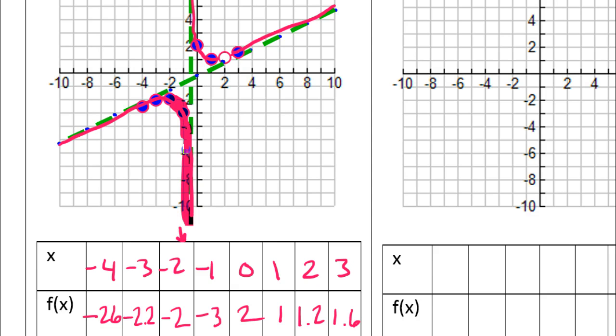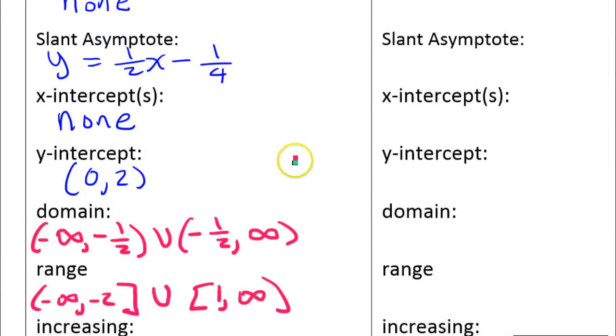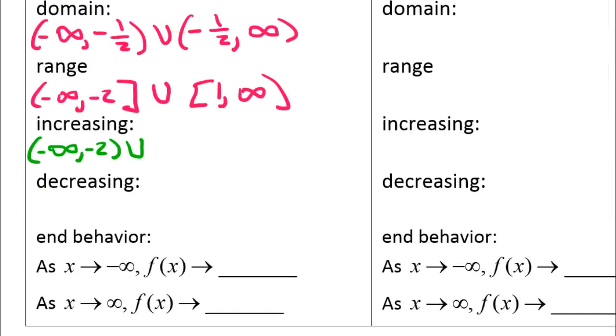And there's a vertical asymptote. It stops here at -1/2. So the x values go from here to here. It's a tiny little portion of the x-axis where this is decreasing, and that is from -2 to -1/2. From -2 until the asymptote where it stops. So that was decreasing.